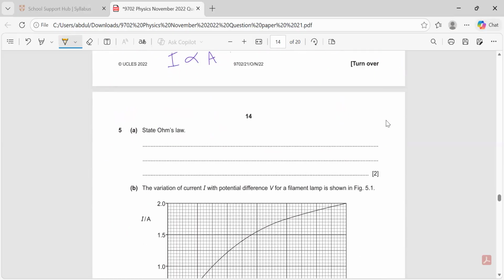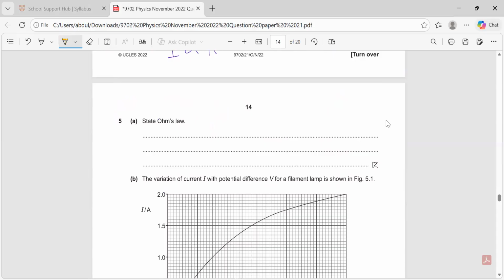Okay, my dear friends, now state Ohm's law. So that is a simple statement. I'm sure you know very well. So let's write it quickly. Current in a conductor is proportional to potential difference across the conductor, because it is 2 marks, so we need to write in detail, provided temperature remains constant.